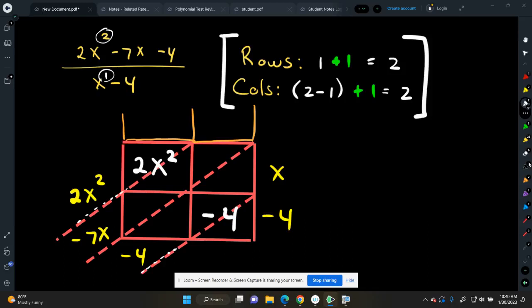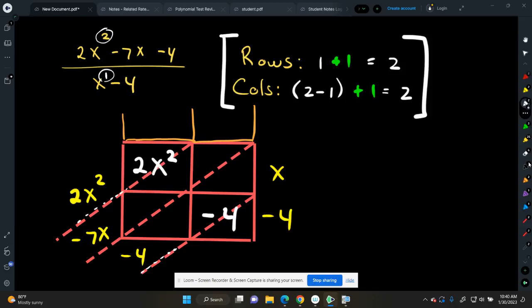Okay, this diagonal matches up. 3x squared. Here we have 9x plus 2x, which gives us 11x. And then plus 6 matches up. So that works. So x plus 3.